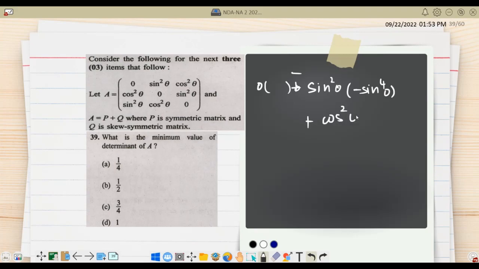So plus cos square theta cos power 4. So it's going to be cos power 6 theta plus sine power 6 theta. So that's the minimum value of this function.